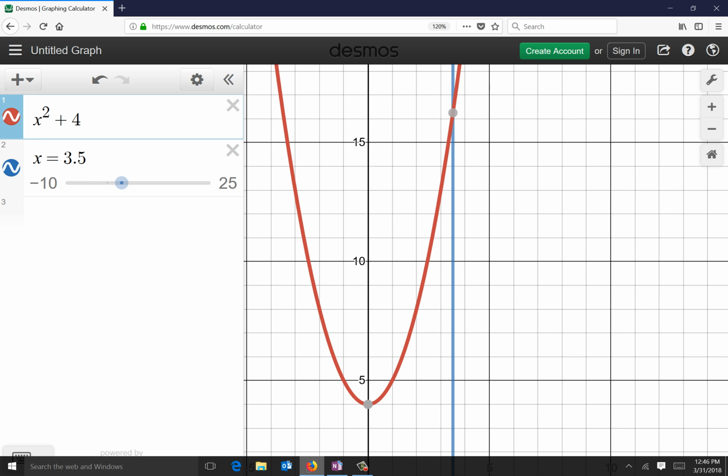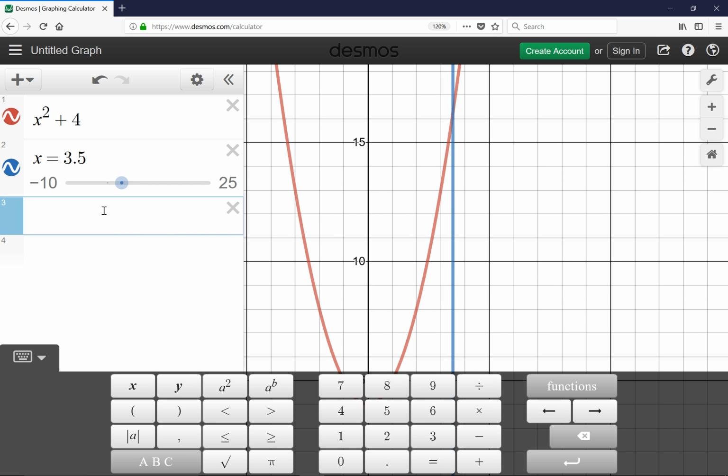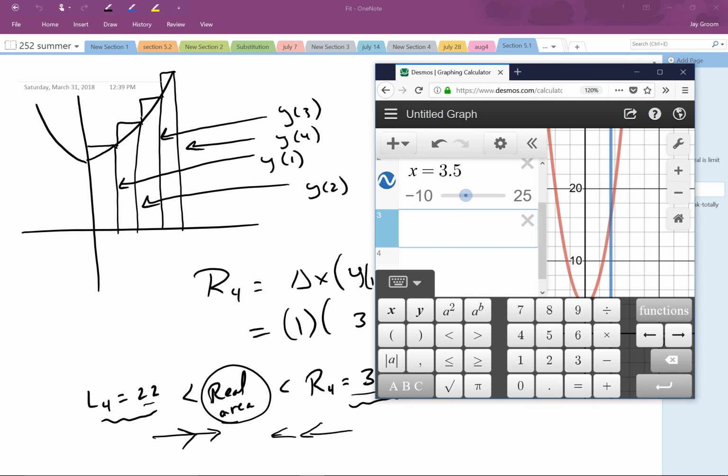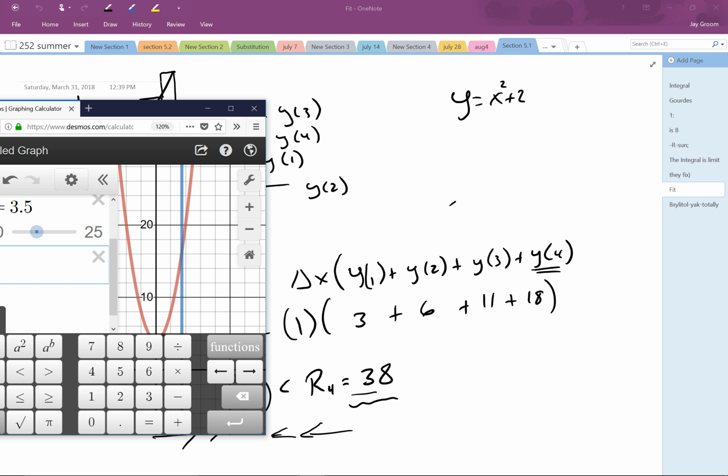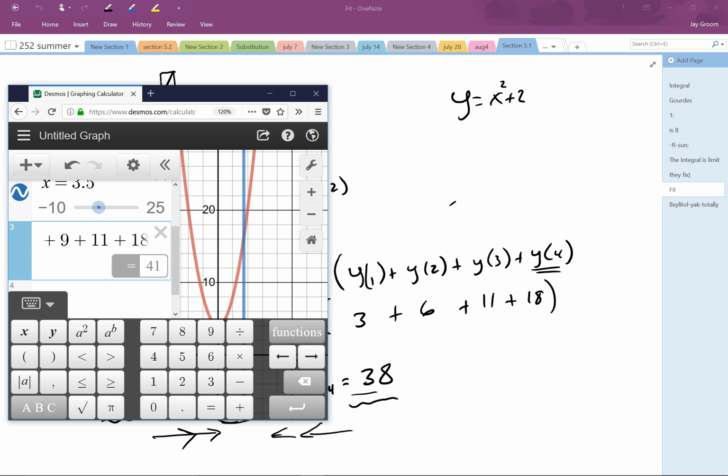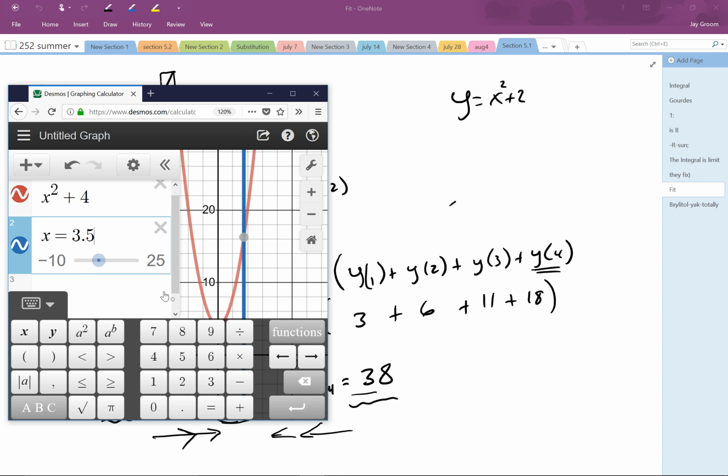Now, interestingly enough, go back and look at our very last one over here. Maybe I need a calculator. So Desmos actually functions as a calculator too. Maybe I'll use it to actually add here, because apparently I'm no bueno at adding today. 3 plus 6 plus 3, plus 6. Yeah, it's 38. Okay, so let's try this again. Let's try it with the other one here.